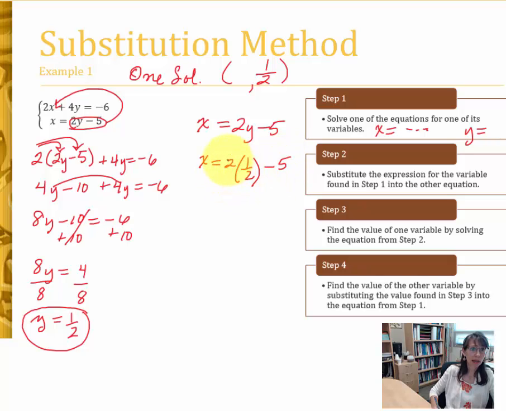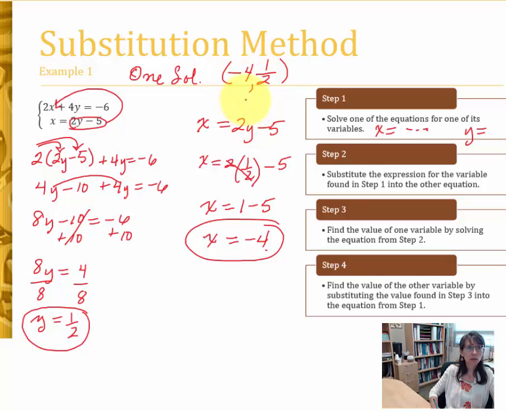Well, 2 times 1/2 reduces, leaving x equals 1 minus 5. So the x value is negative 4. So negative 4 goes up here in the ordered pair. So these two lines should be intersecting lines at this one point, negative 4, 1/2. And that's how substitution works.